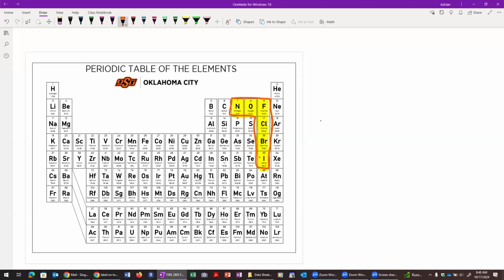Well, if you count, there's 1, 2, 3, 4, 5, 6. Where's the 7th one? That's hydrogen over here. The H is not part of the same location, but those are the 7 that exist under normal conditions as diatomic molecules.